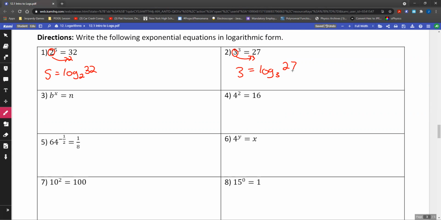Over here, take my base term b, move it over so it's underneath the n, add in my log term, and I add that. 4 is my base, moves over to here. 2 equals log base 4 of 16.